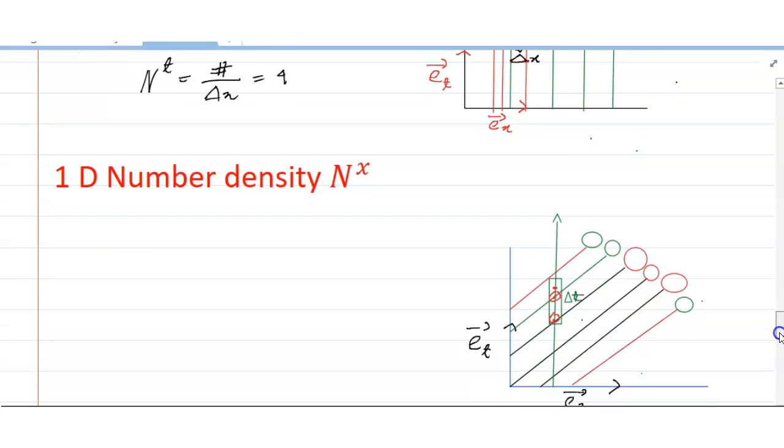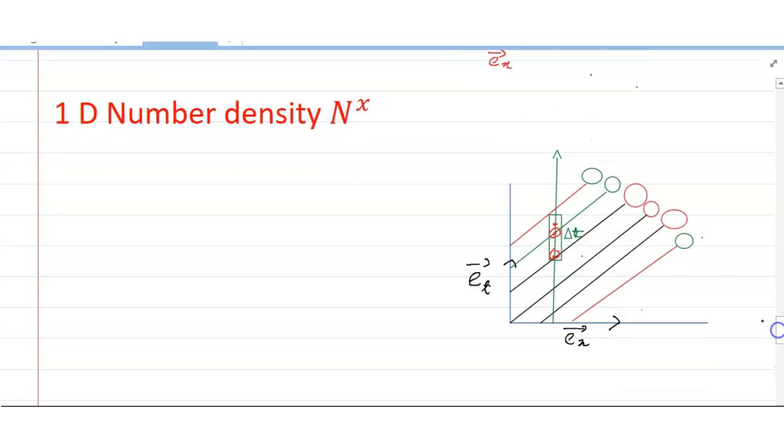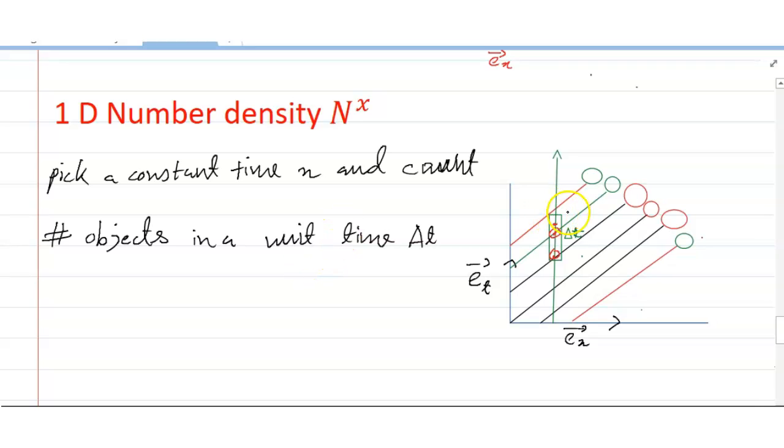Now friends, 1D number current density n_x: pick a constant position x and count the number of objects in a unit time del t. I try to explain with a diagram I have drawn already.